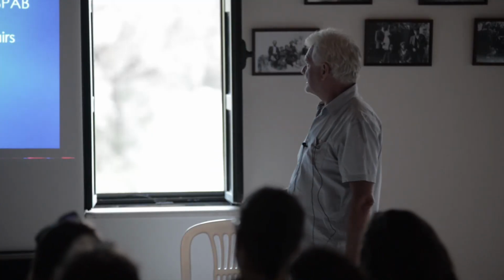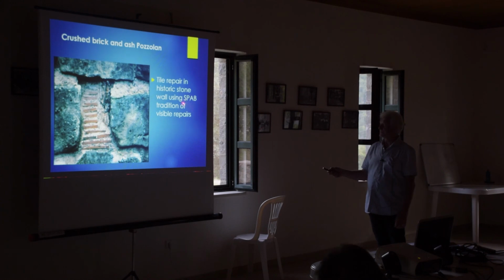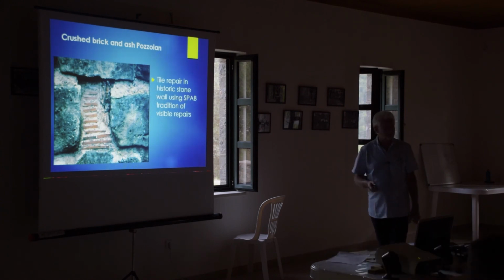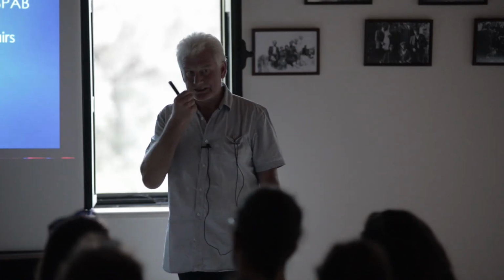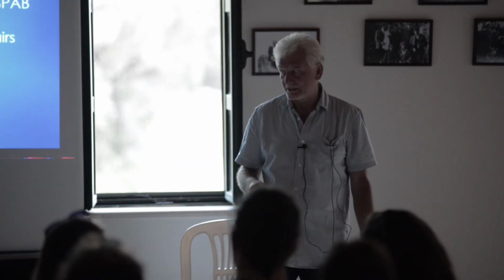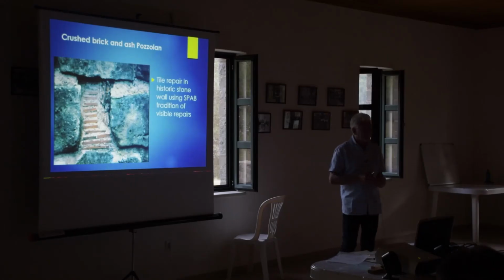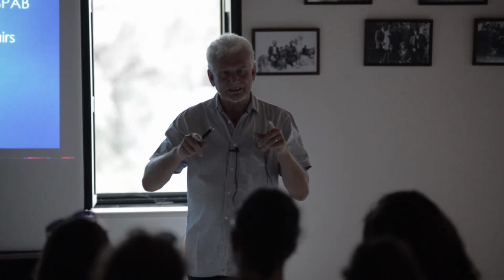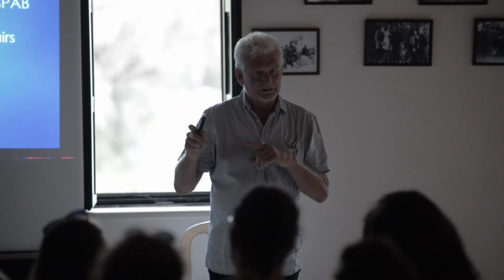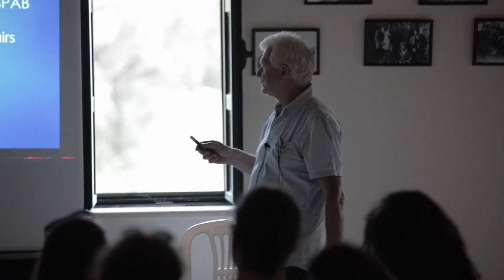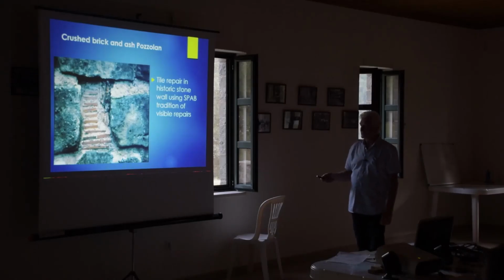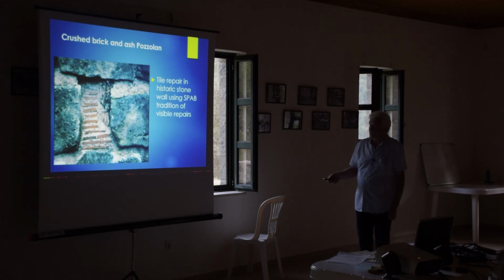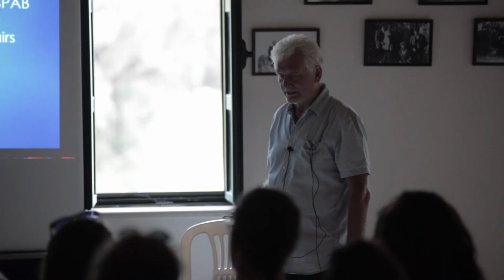But we decided to follow the principles of the SPAB, the Society for the Protection of Ancient Buildings. One of their principles is that if you do a repair, it has to be what they call an honest repair. So you should see your intervention. This is one of the systems that they recommend. It's basically clay tiles held together with a mortar.